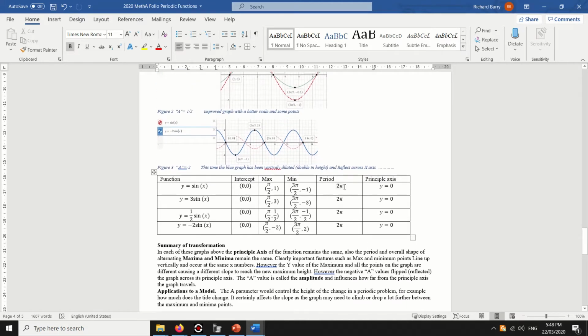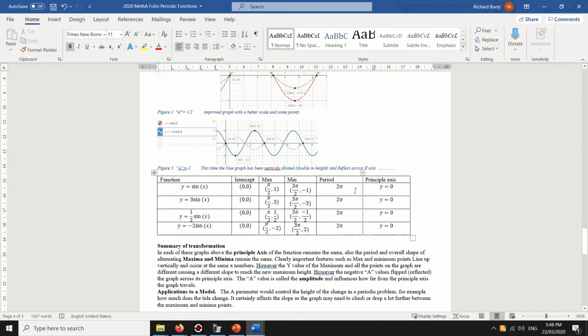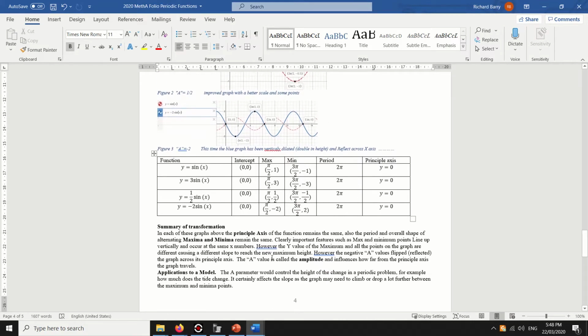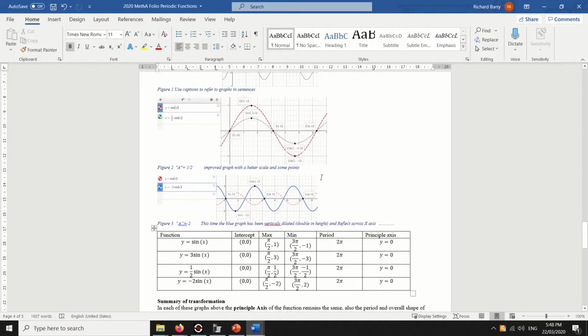When you're looking here, it's very easy to see what has changed. Period has not changed, and the minimum is at different heights, but occurs at the same time. So it's easy to point to, in the text, the column describing the minimum.